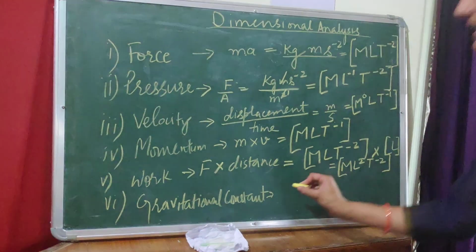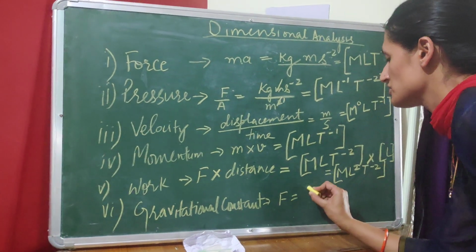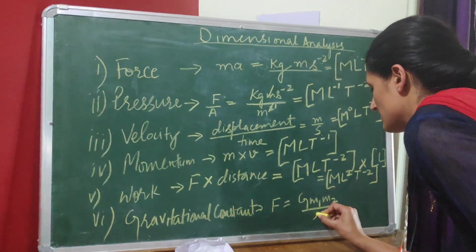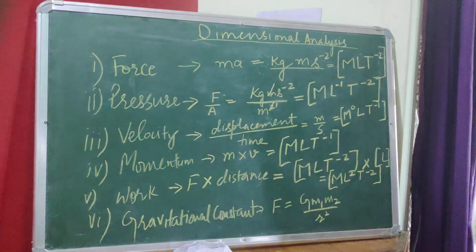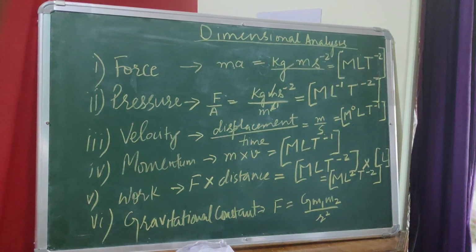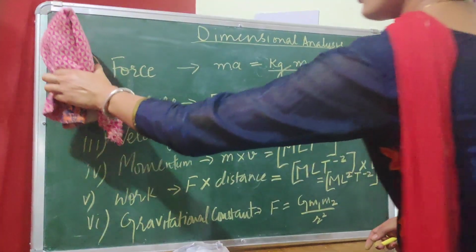Now gravitational constant. I think you have done this in class 9th, in the gravitation chapter. F is equal to G m1 m2 upon r square. So what will be the formula for G?